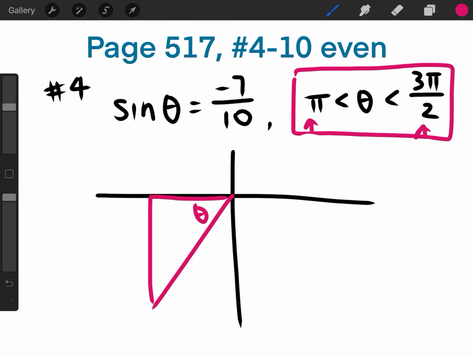So it's opposite, which is -7, over hypotenuse. Then you have to figure out what the missing side is, so use the Pythagorean theorem. This is the x, and it's going to be negative because this is in quadrant 3.